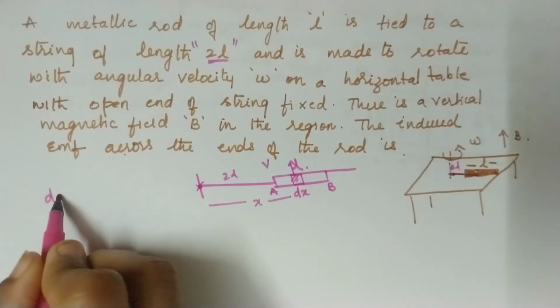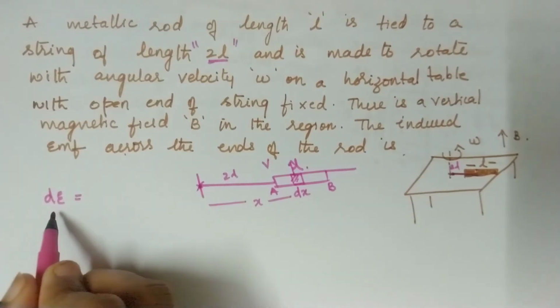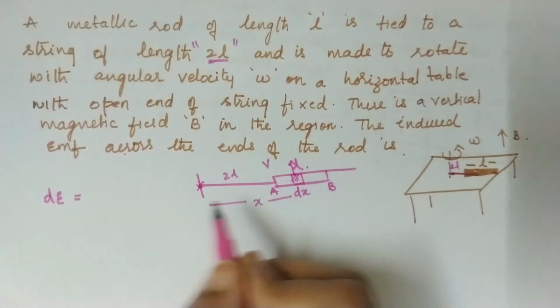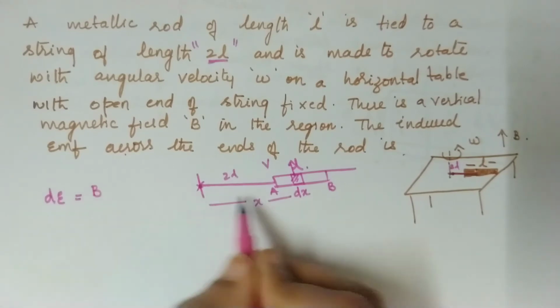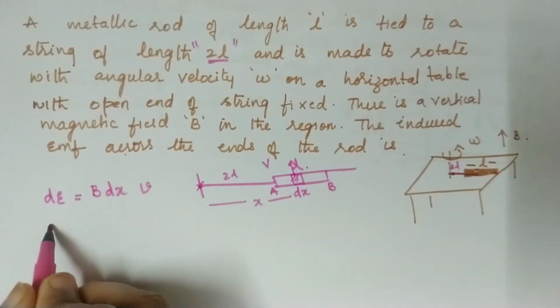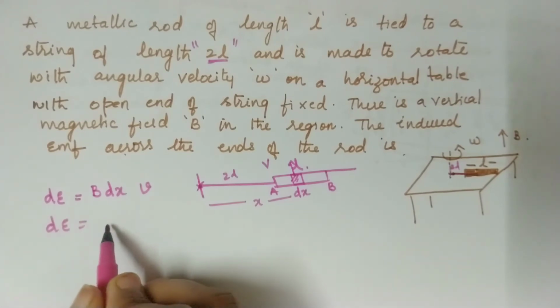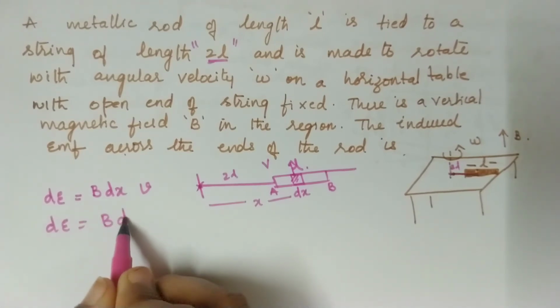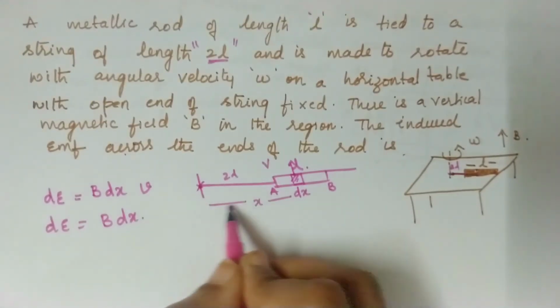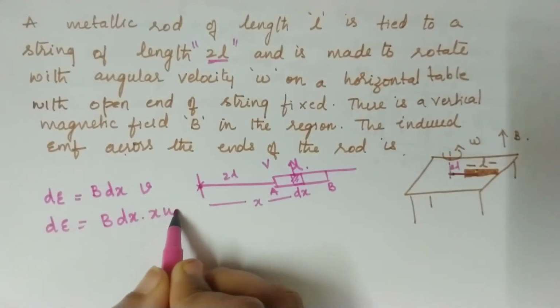What is the induced motional EMF? dE due to this small element is B into length of the element dx, velocity is v, or dE is equal to B into dx into velocity. I will write it as r omega, that is nothing but x omega.